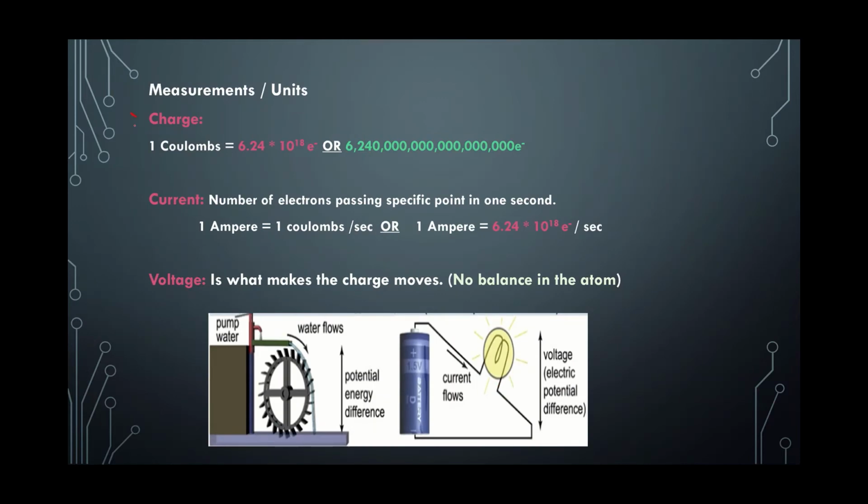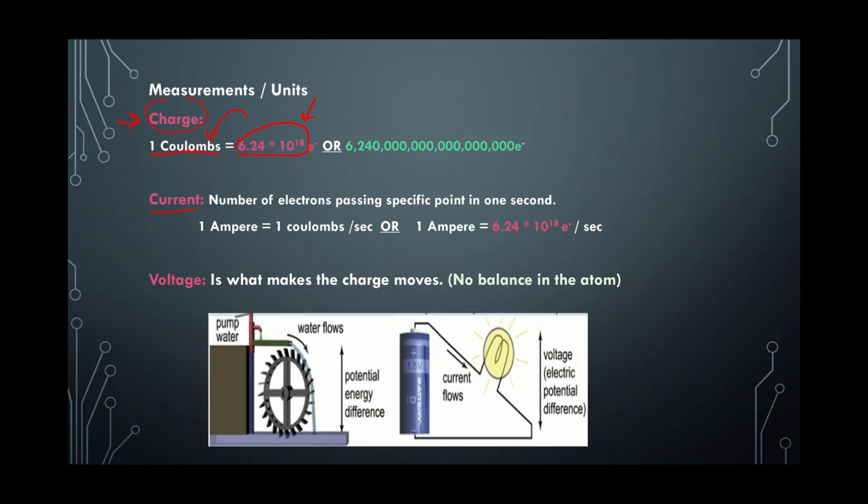Now we can define the charge as this number of electrons. So one charge, or one coulomb, equals 6.24 times 10 to the power 18 electrons. So this is the number of electrons that's equal to one coulomb, and this is what defines the charge.